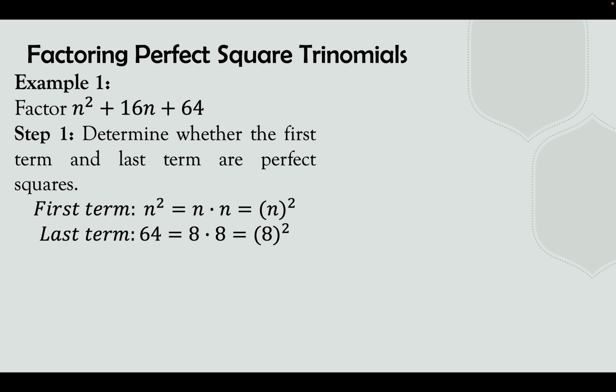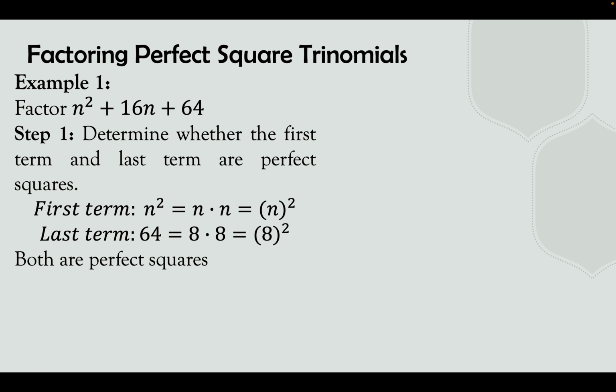For 64, the square root is 8, so 64 is a perfect square, 8 times 8, which is 8².